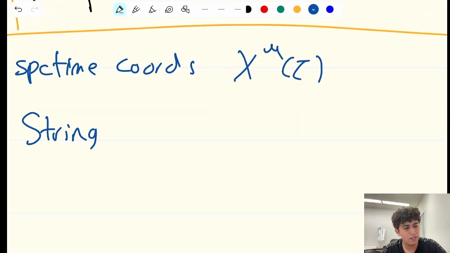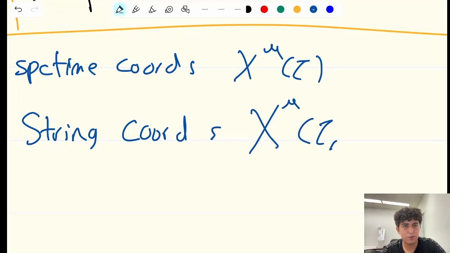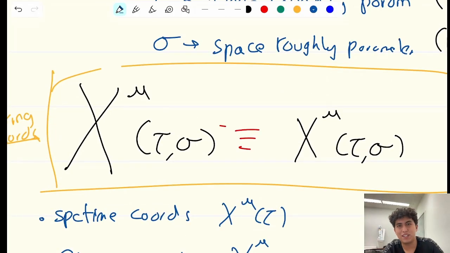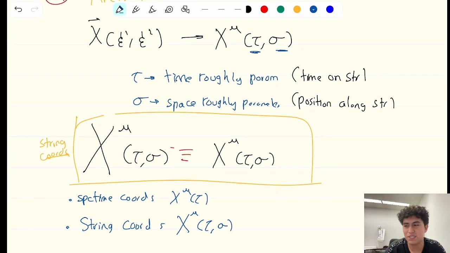String coordinates have two parameters and are going to be written in big X, because if we used the same notation, every time we wrote either a space-time coordinate or a string coordinate we would have to write the parameters in order to know what we're talking about. We can save that time by just writing the big X. This is used in every single textbook of string theory or quantum gravity whenever you're referring to string coordinates.